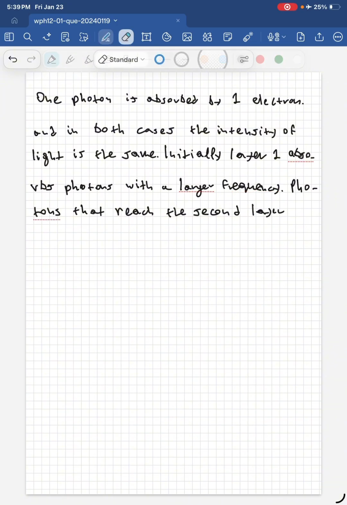oops, I hope you can read it. Okay, let me try, with my handwriting.